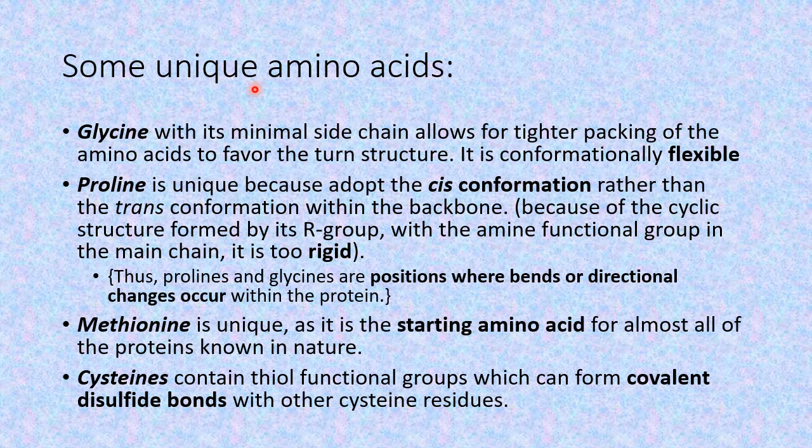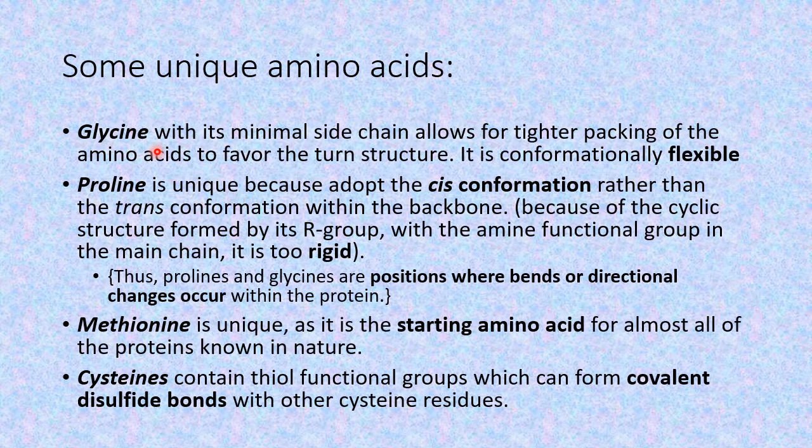Now we'll just go through some of the very unique amino acids, and we are going through these unique amino acids because in the upcoming videos where we will deal with the secondary and the tertiary structure of proteins, we'll see that the presence of these amino acids defines the further structural complexity or structural organization of the protein.